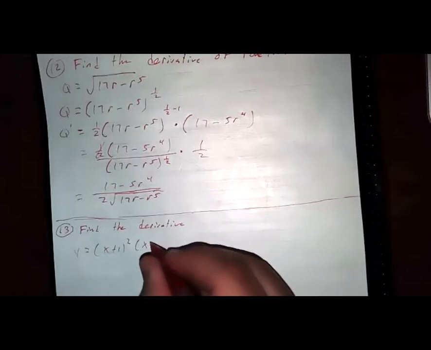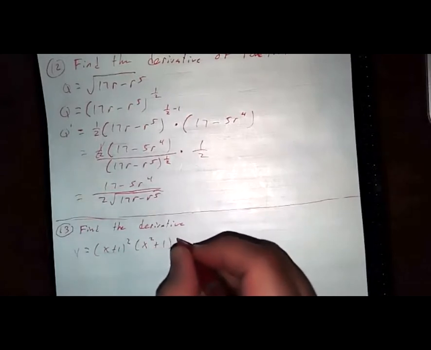Okay, 13 is going to be a product rule that has chain rules attached to it. So y equals x plus 1 squared times x squared plus 1 to the negative 3.